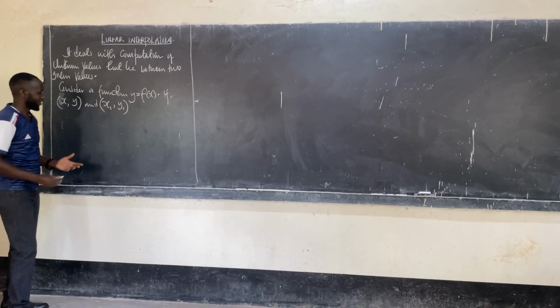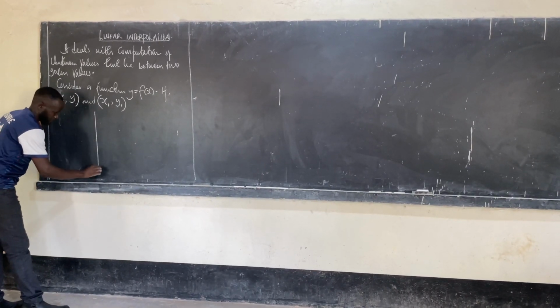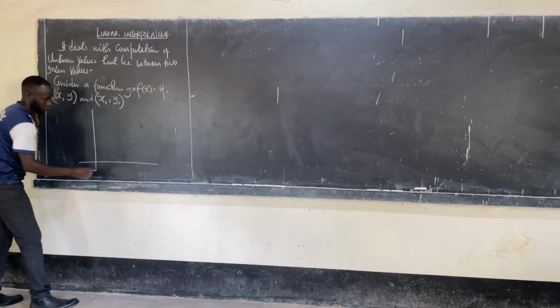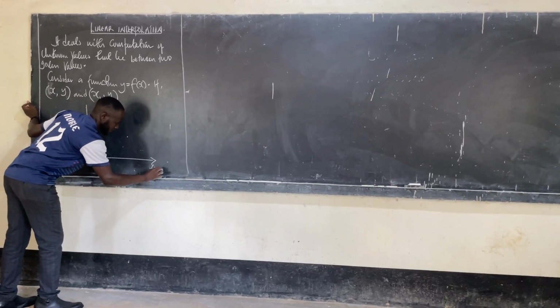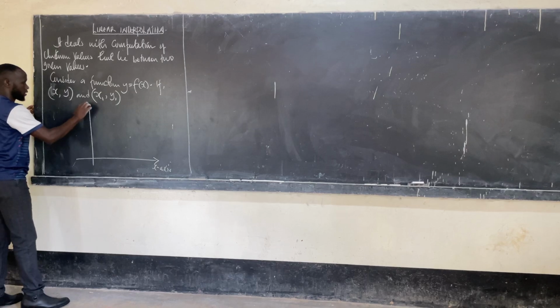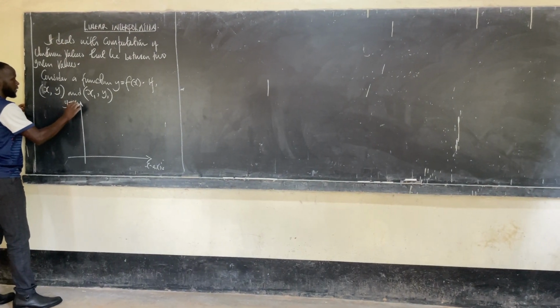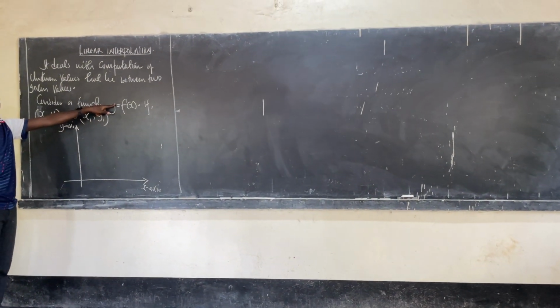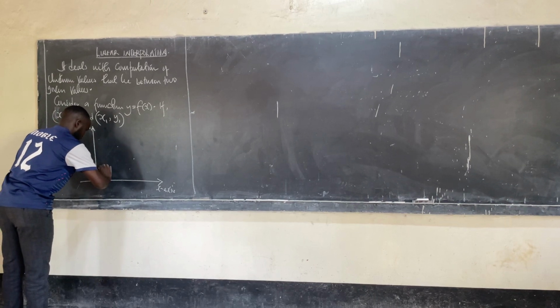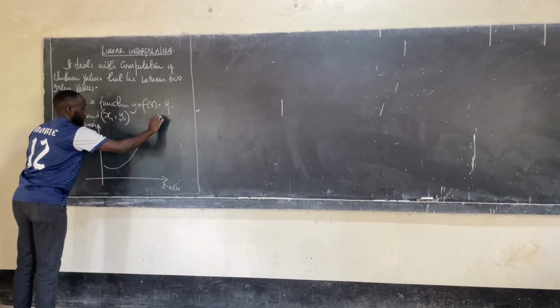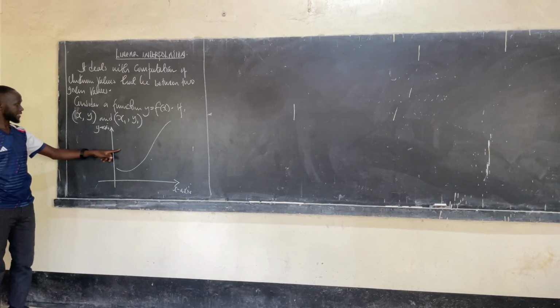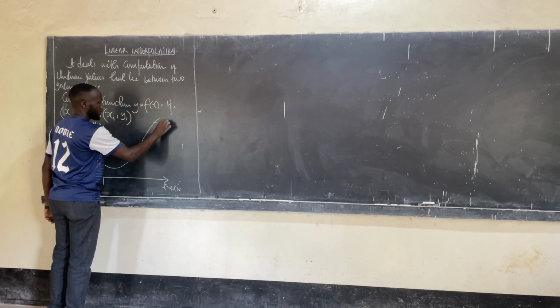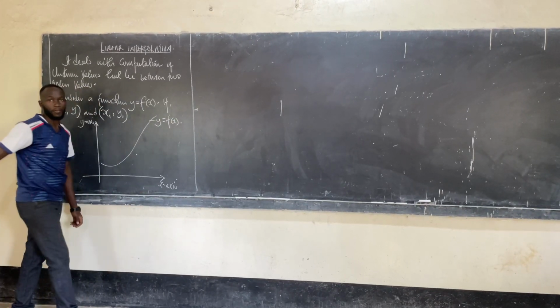Now, how will it be? Look at this. If this is your x-axis and this is your y-axis, let's assume this is the function y equals f of x.